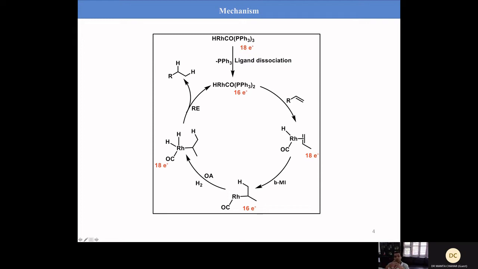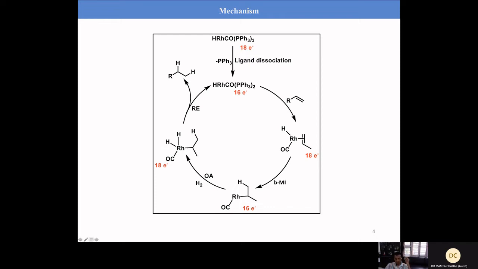Now, as you know, any 18 electron complex cannot undergo a direct reaction unless it loses a number of electrons. So 18 electron, if it wants to go up, it is going to be 19 or 20 electron, which is not really feasible. So the first step it has to do is a ligand dissociation.